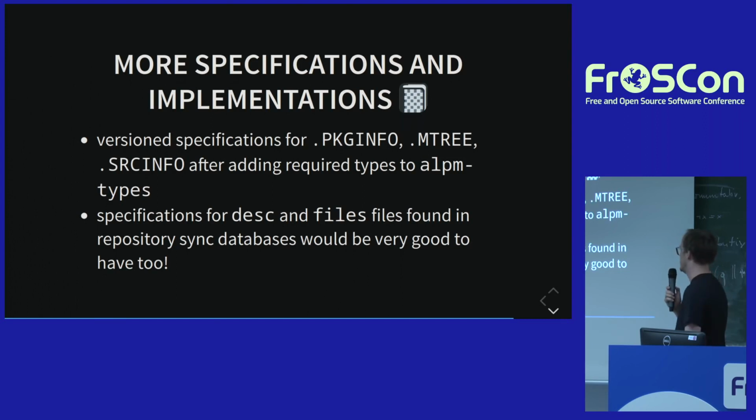Of course, ideally this would also encompass desc and files files because these are exposed to external software, not only to Pacman, but they need to be created and also validated by software that manages the repositories. And need to be understood. So to have a universal spec for these files would be very good, but that's probably after we finish up on the package-specific ones.